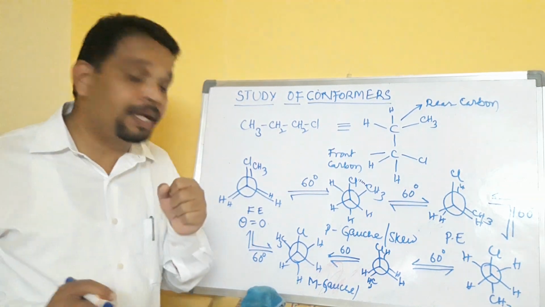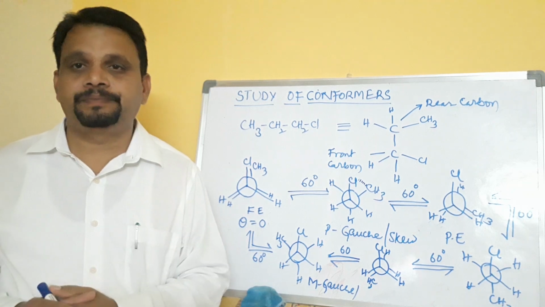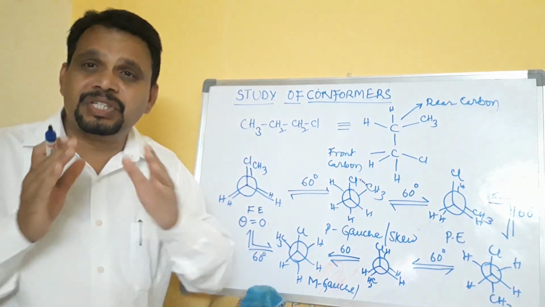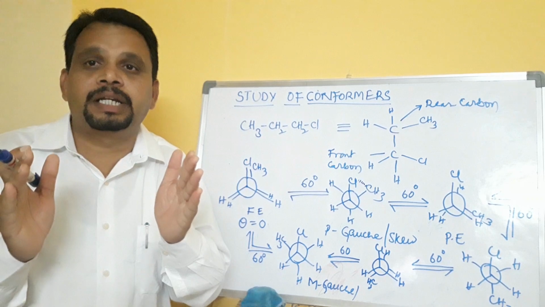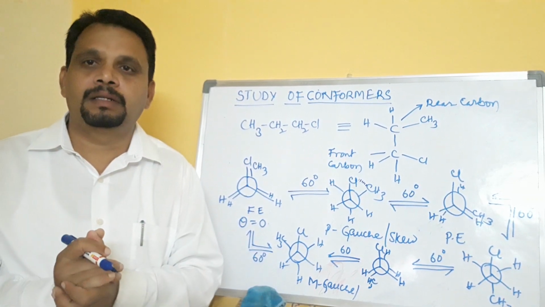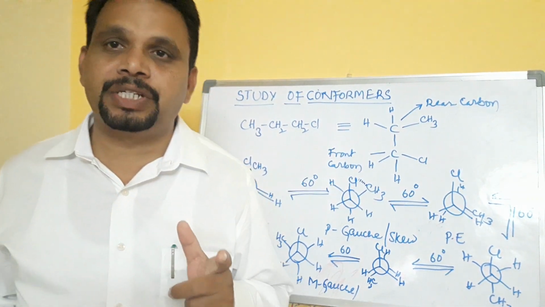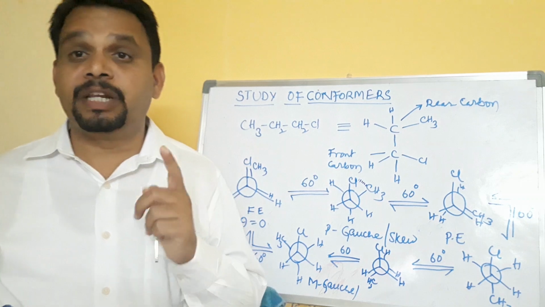there is a van der Waals repulsion. When the distance is more than the van der Waals distance, then there would be van der Waals attractions. Van der Waals attractions contribute stability to the molecule.